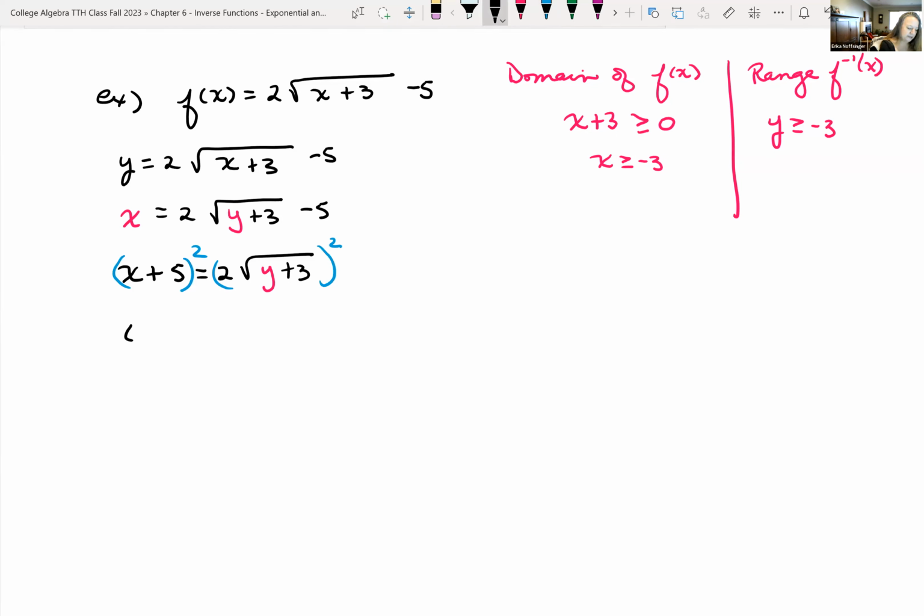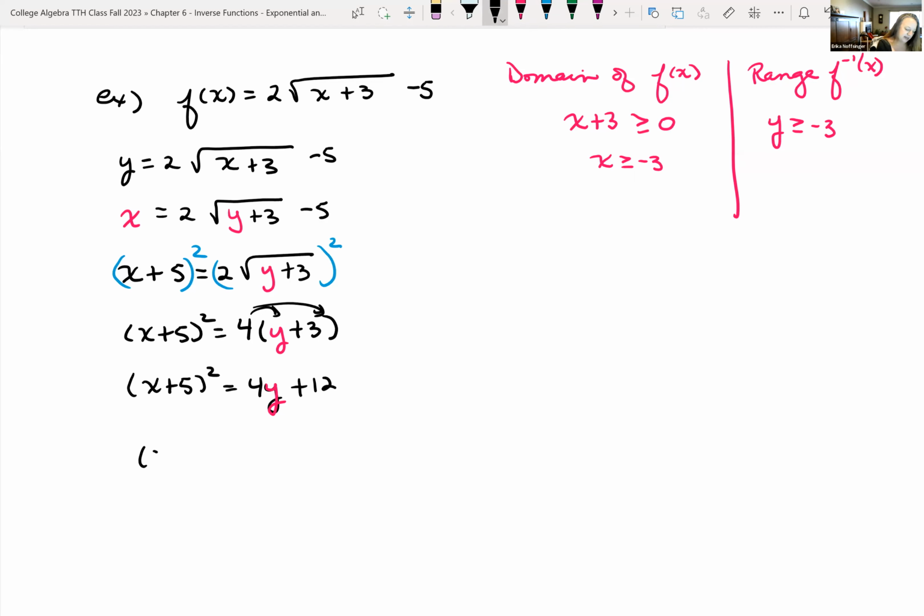So I would get (x plus 5) quantity squared is equal to 2 squared. I have to square the 2, which is 4. And squaring the square root leaves us with y plus 3. Let me distribute that 4. So I have (x plus 5) quantity squared is equal to 4y plus 12. We want to get y by itself, so let's subtract 12.